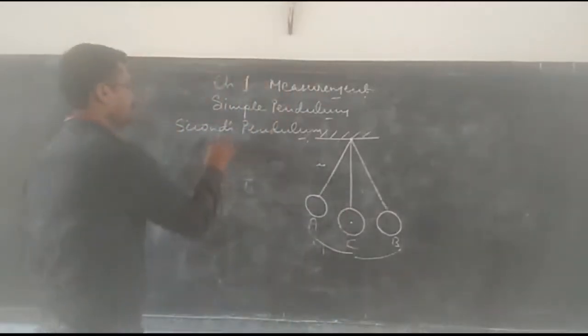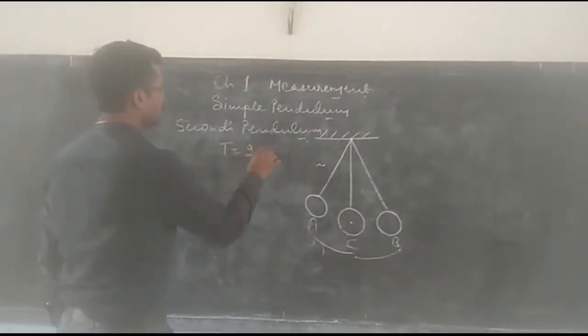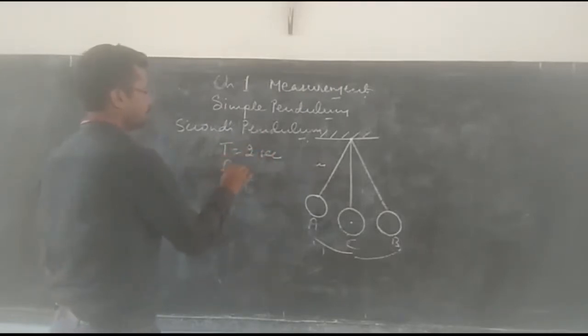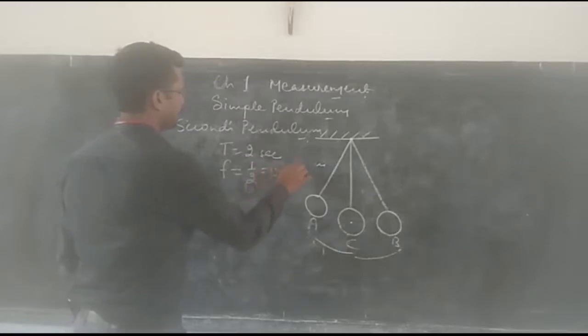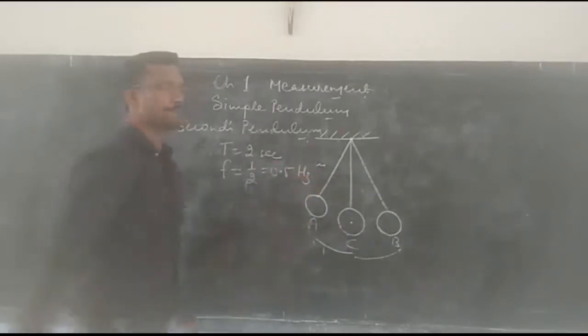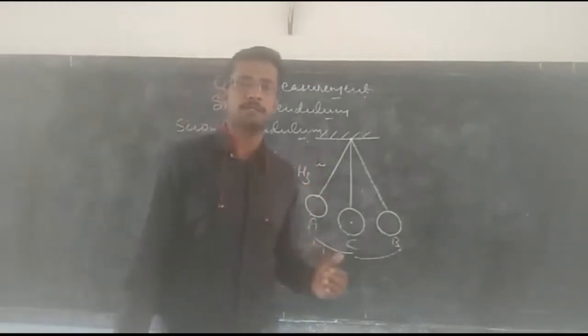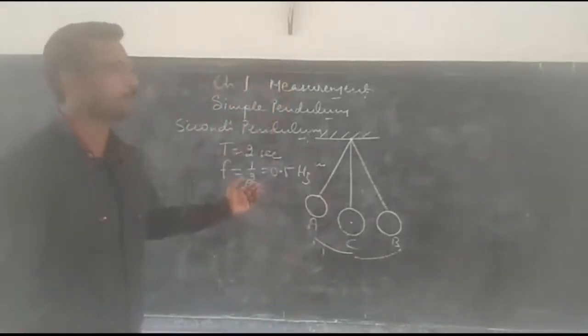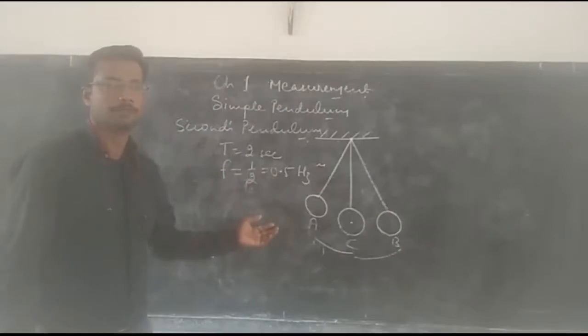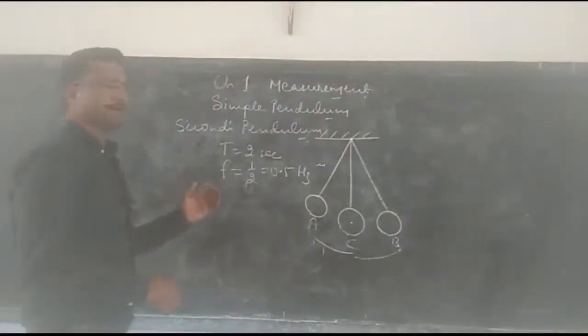So time period will be 2 seconds, and if the time period is 2 seconds, frequency will be reciprocal of time period, that is 0.5 Hz. So seconds pendulum will have time period of 2 seconds and frequency of 0.5 Hz.